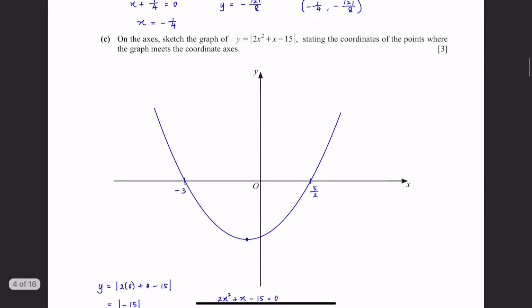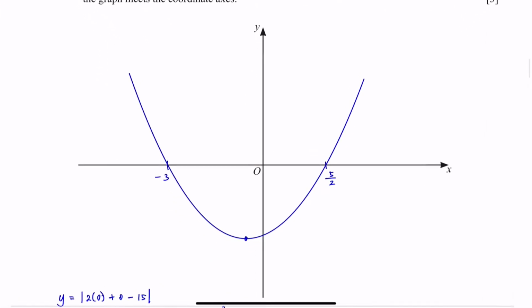Because this is a modulus graph, we need to reflect the part below the x-axis. So we erase the part below the x-axis and we reflect it over the x-axis, like this.